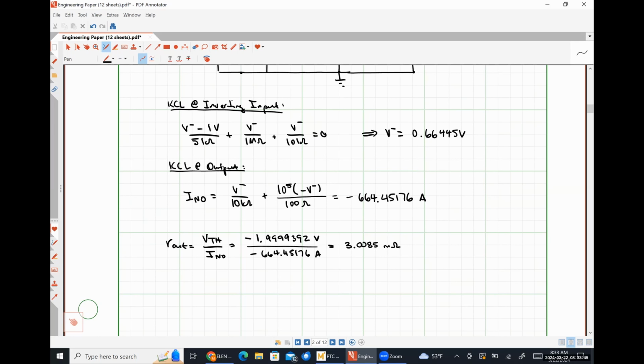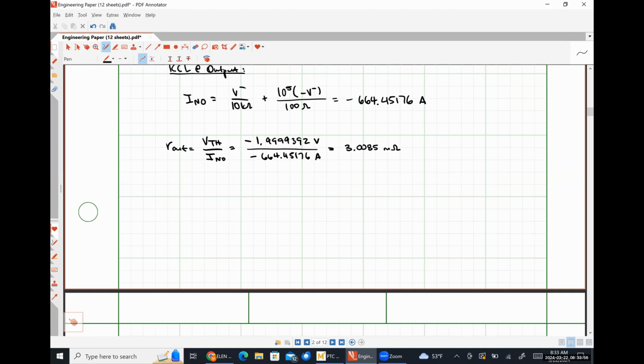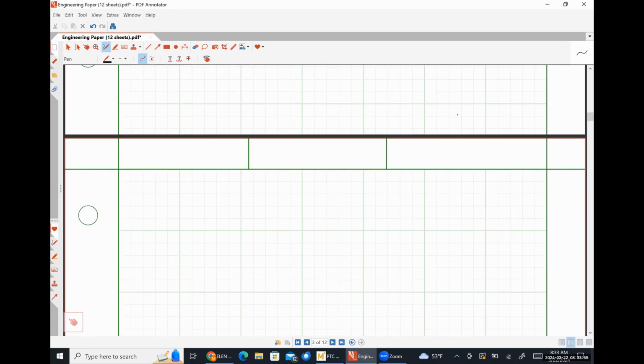So before we introduce the ideal op-amp model, let's talk a little bit about what the ideal behavior of an op-amp would be. Then we are going to apply it to that circuit and see if the results are similar. Okay.